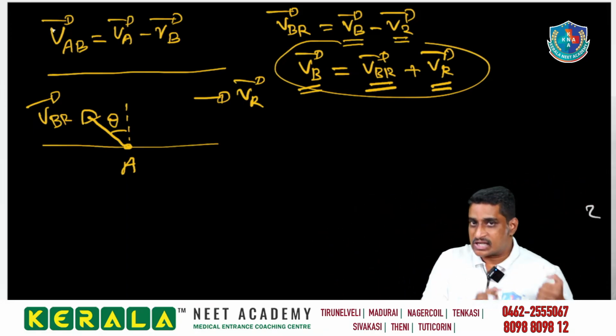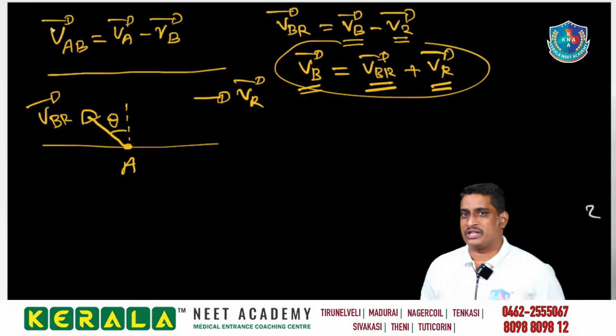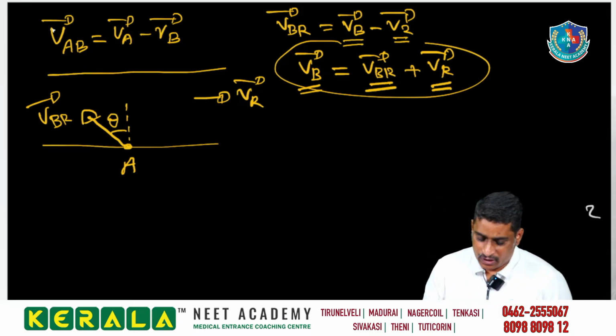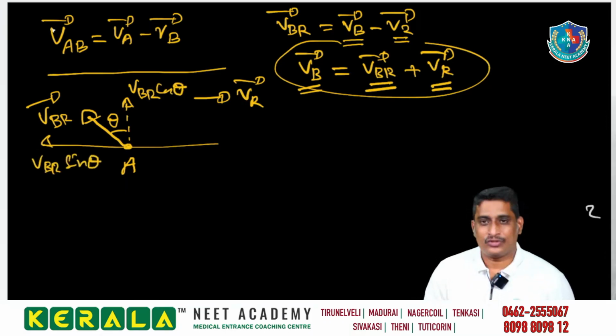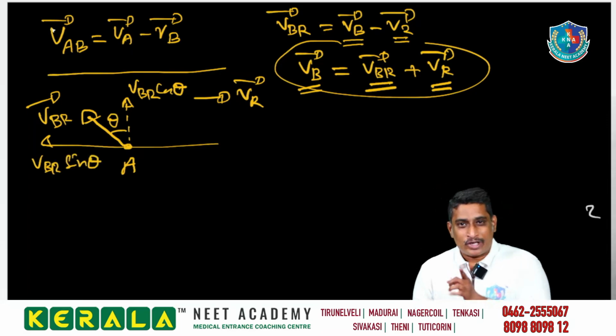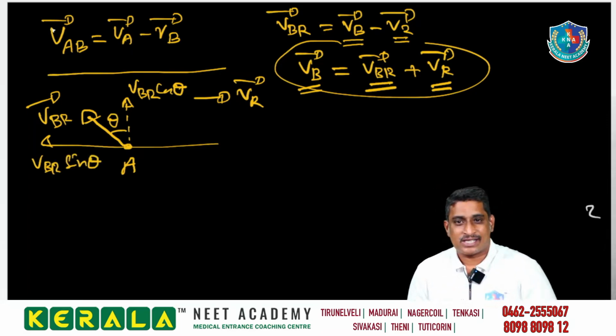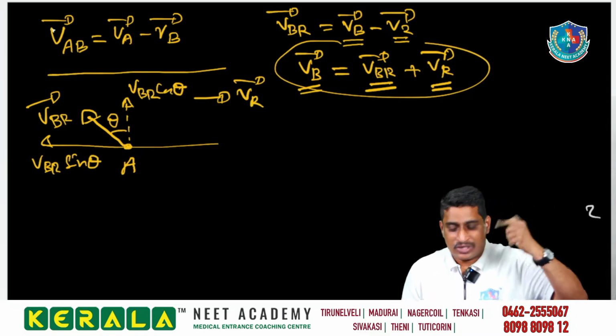Now let us resolve this velocity of the boat with respect to the river into two components from this diagram. If you look at the diagram, one component in vertical direction will come out to be VBR cos theta and another component is VBR sin theta. So one component is along positive y-axis and the other component is along negative x-axis.